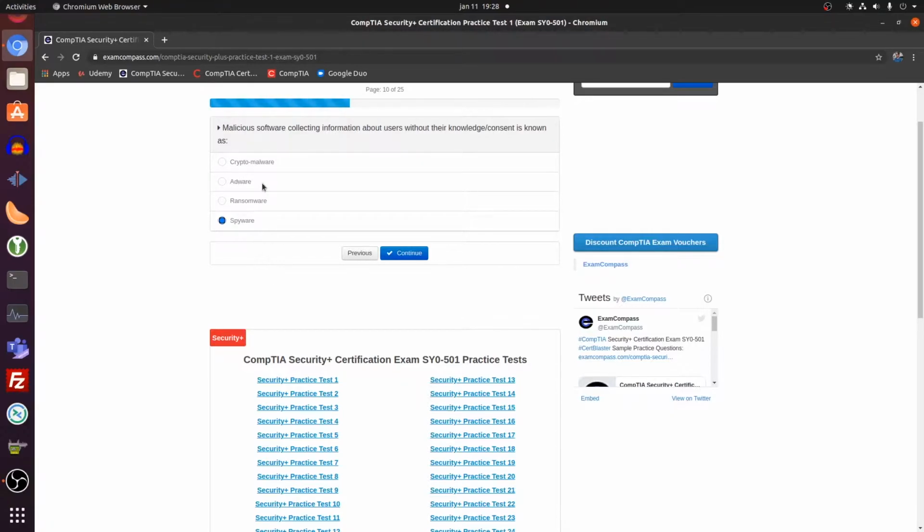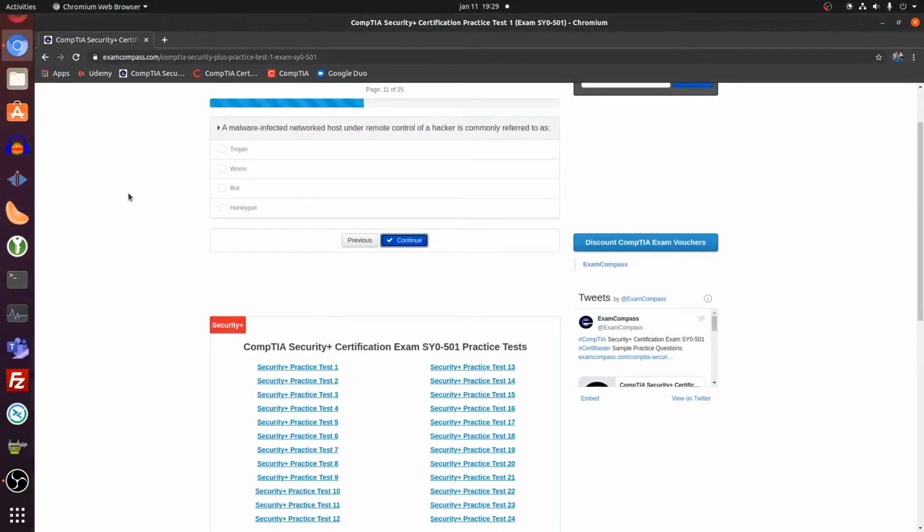Adware has to do with advertisement, and crypto malware, yeah, it's usually also a way to damage the computer, and the attacker asks for cryptocurrency to unlock or to undo the damage. Okay, no, you can only do one answer.